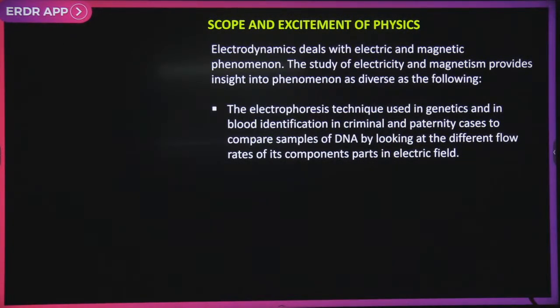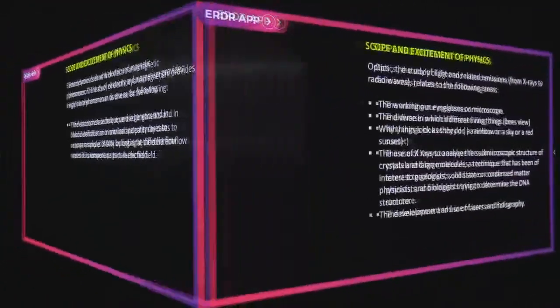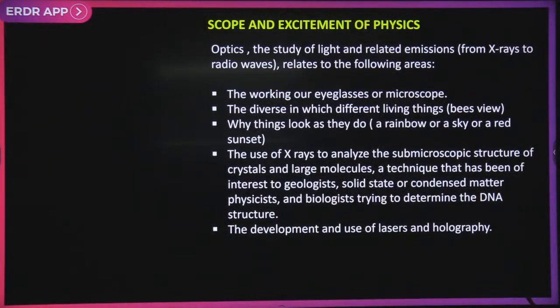Whenever any court allows checking the DNA, in case of any rape case or any paternity identification case, scientists actually go through this. So this is a very important technology which is based upon electrodynamics.